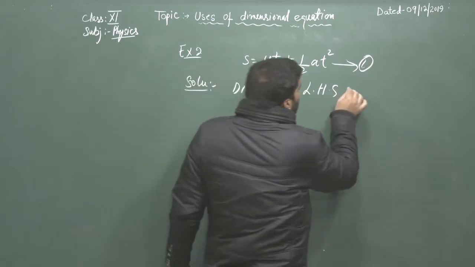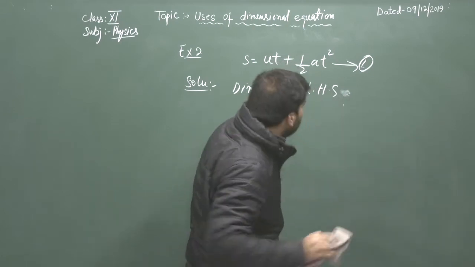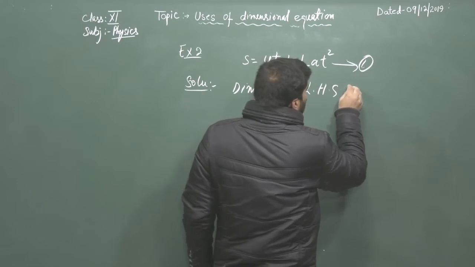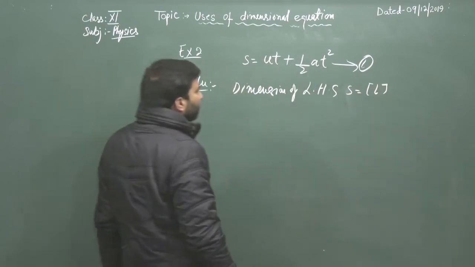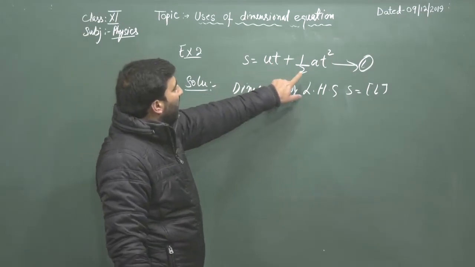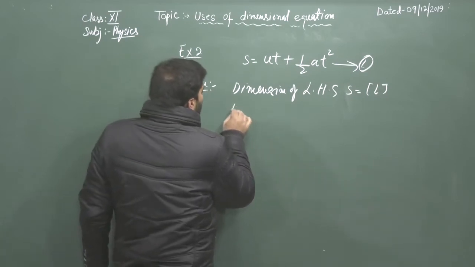We can write its dimensions of length. Here u is initial velocity, t is time, and a is acceleration. So we can write dimensions of RHS.